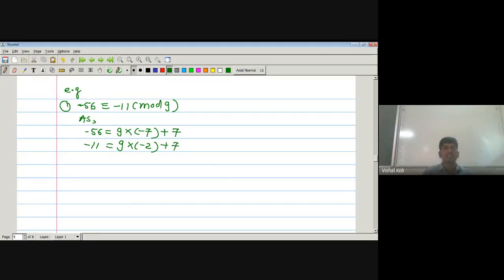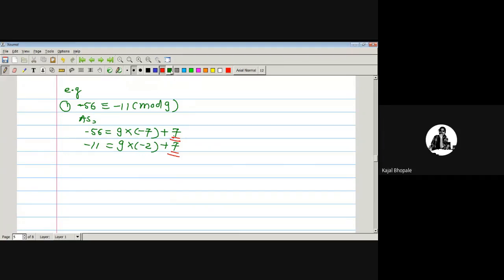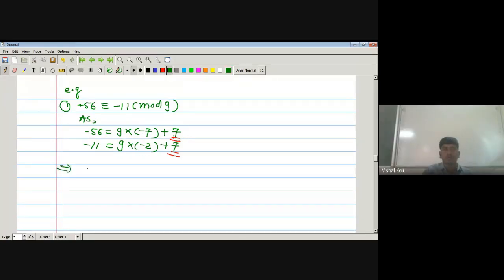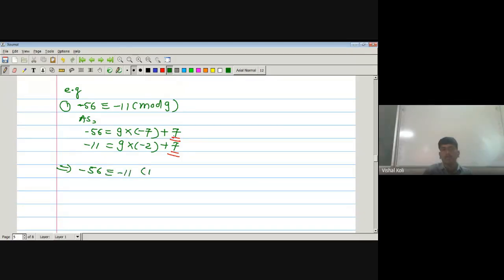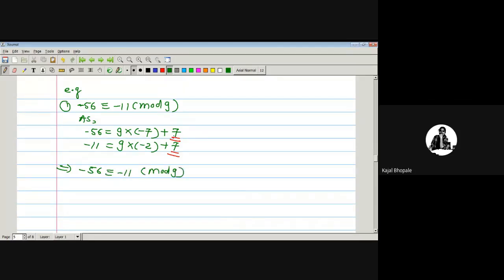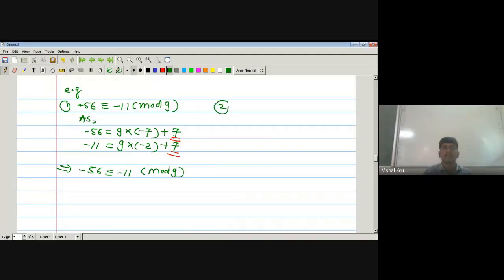As these two integers, minus 56 and minus 11, leave the same remainder, which is 7, when divided by the integer 9, and the above theorem is an if and only if, therefore, as the remainder is the same, minus 56 is congruent to minus 11 modulo 9.